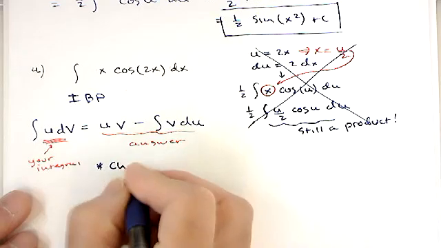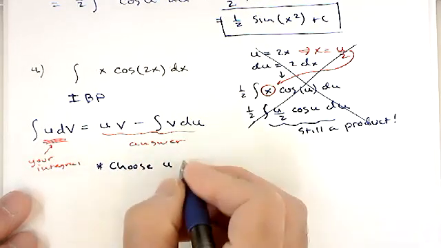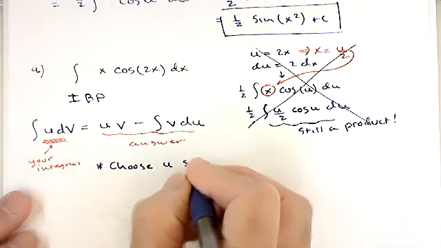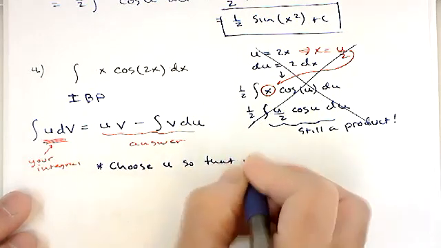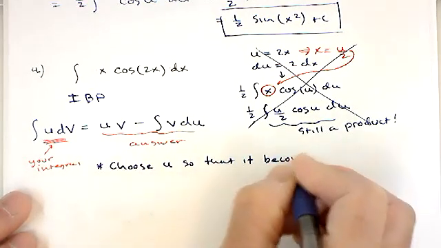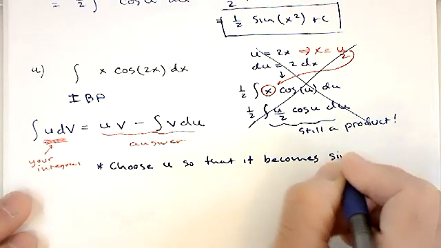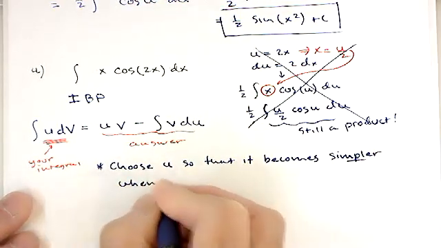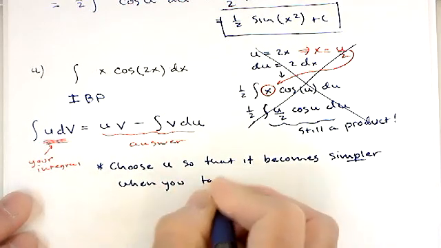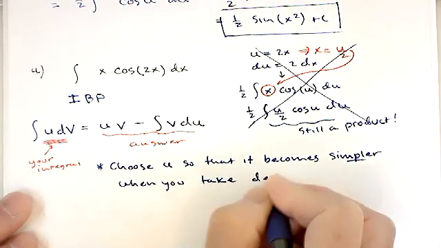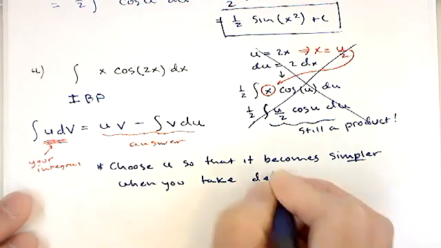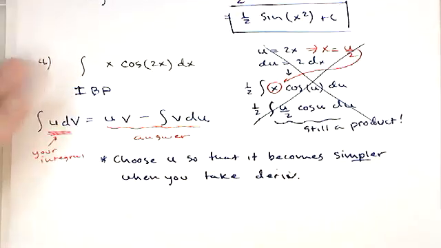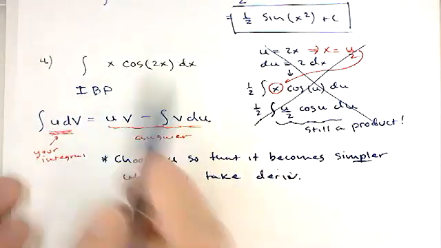The way you should choose your u, choose u so that it becomes simpler when you take the derivative. Okay. Meaning, here are my options.